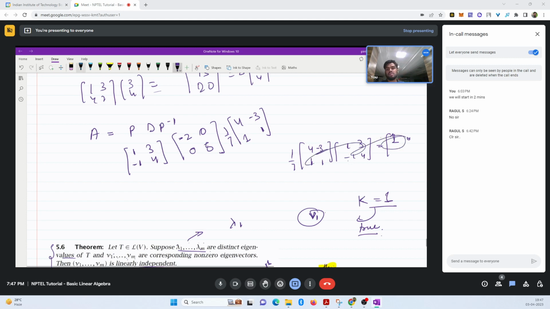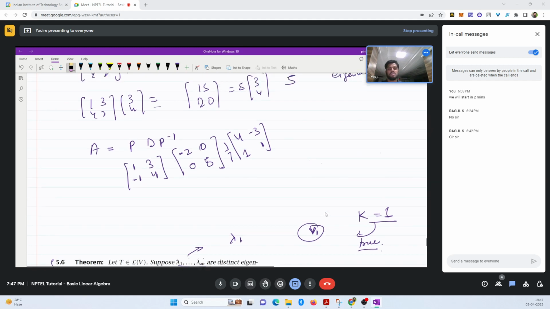So let's verify whether P D P inverse is equal to A or not. What I did is I wrote eigenvectors as columns and eigenvalues as my diagonal elements. Let's take 1 by 7 out and do this multiplication. This gives 1 times minus 2, which is minus 2, then 15, then 2, and 20. Then I multiply with 4, minus 3, 1, 1.